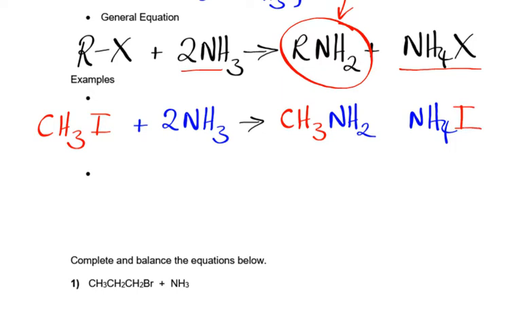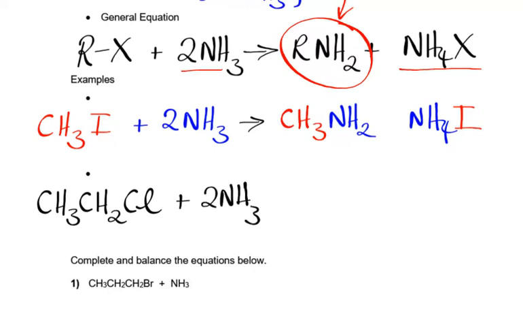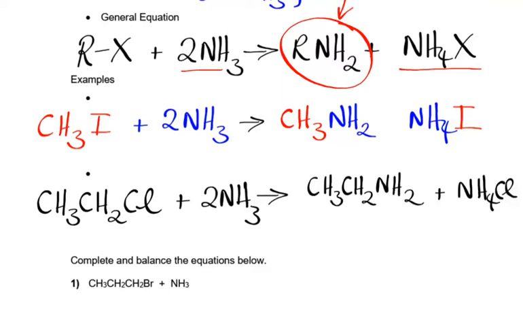Have a go at doing this next one. We'll do chloroethane. Again, we can confidently say that there's going to be 2 ammonias involved. So there's my organic product. Have a go at naming it.